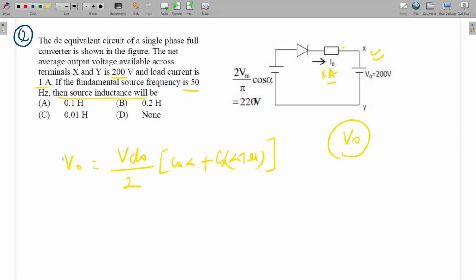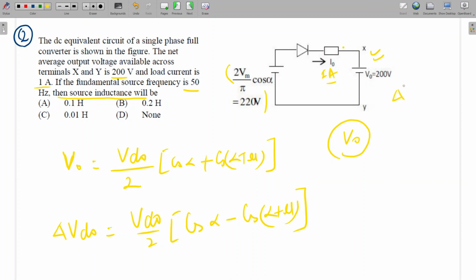And delta Vd0 will be Vd0 upon 2 into cos of alpha minus cos alpha plus mu. So what they are telling is 2 Vm upon pi cos alpha, the source side voltage, should be after some drop. So how much is the drop? How much is the delta Vd0 here? We are getting 20 volt. Clear?